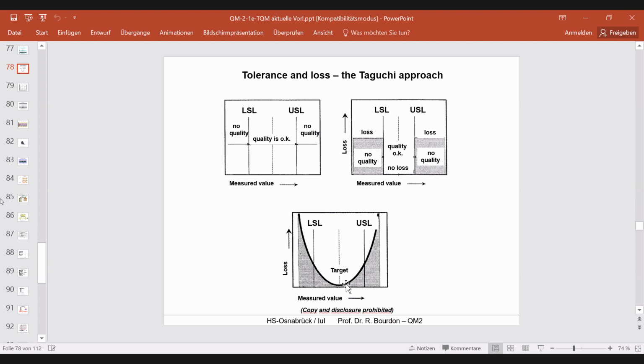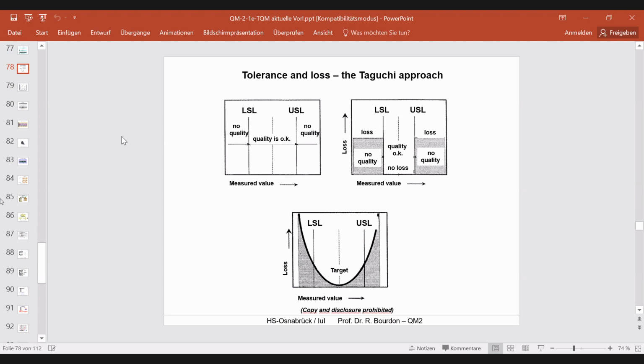And then the loss is increasing even inside the tolerances before the quality reached the upper specification limit or the lower specification limit. Of course, the loss is very high outside specification limits, but the new idea or the new approach was that he said, okay, even inside the tolerance area, you have loss.